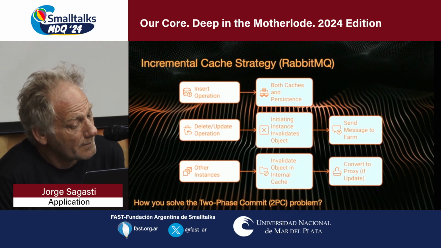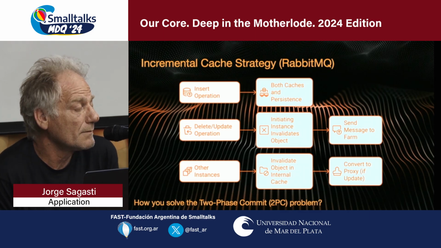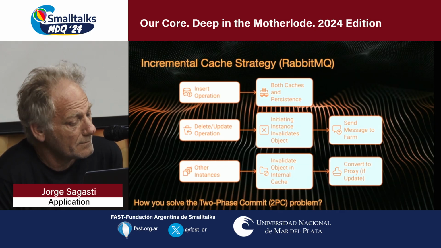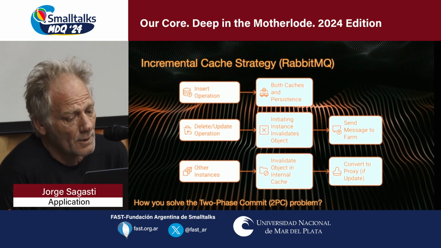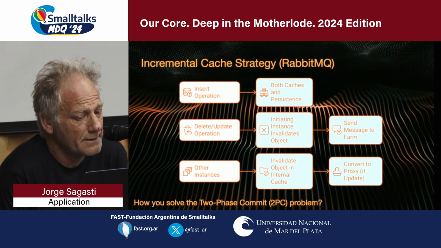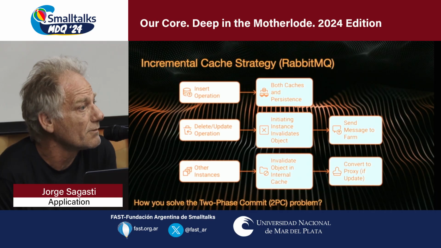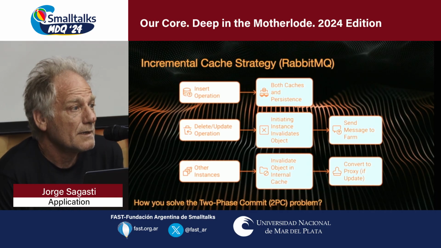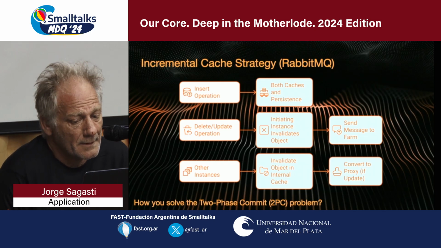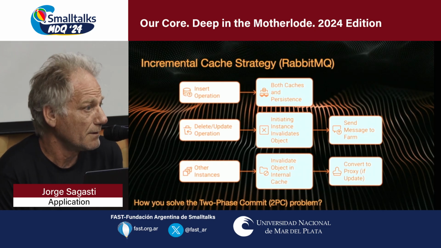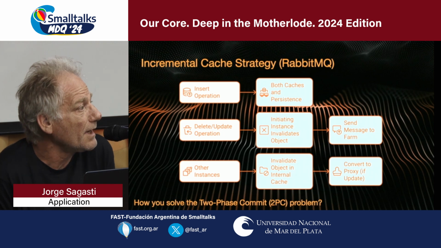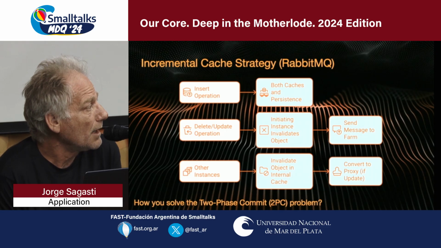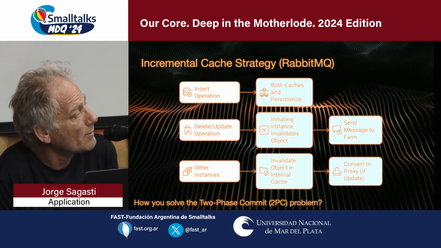But on delete or update, the instance that generated it invalidates the objects and sends a message to the farm. The other instances invalidate the object and convert it to a proxy. So the next time, they'll notice that it's a proxy and will get it from the persistence.